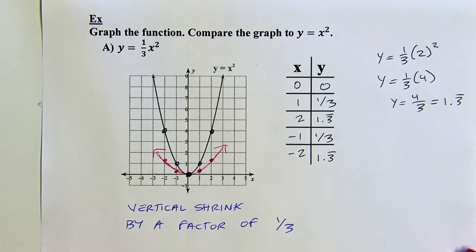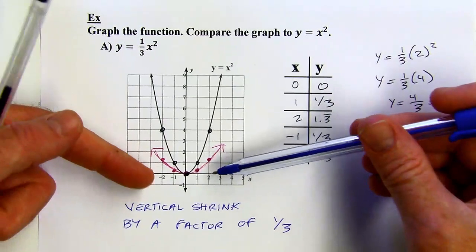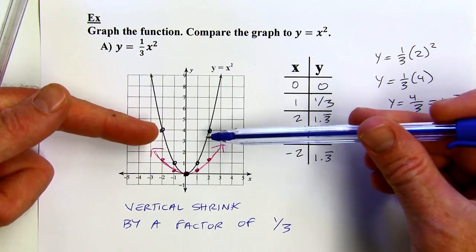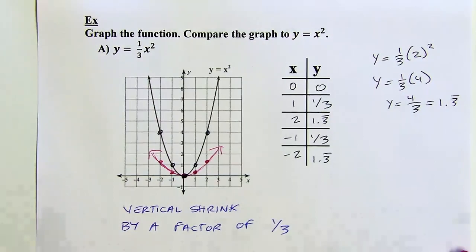When I say by a factor of 1/3, that means my new parabola is 1/3 the height of the original parabola. So it's been shrunk down to 1/3 of its original height.